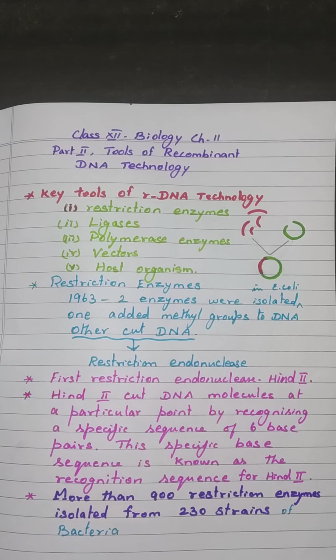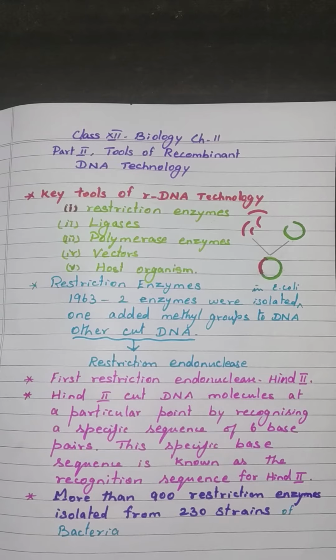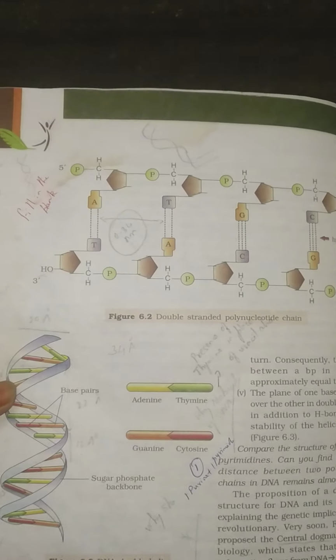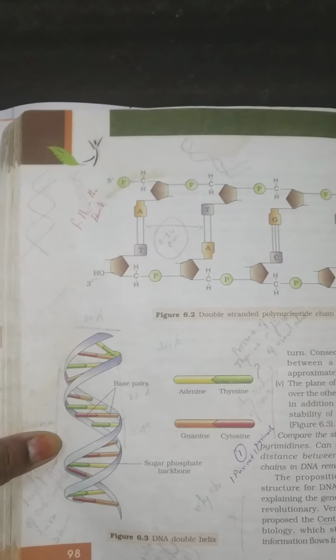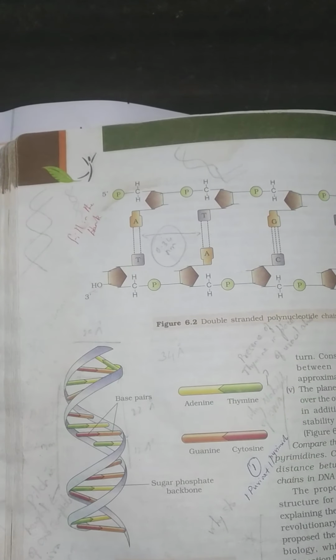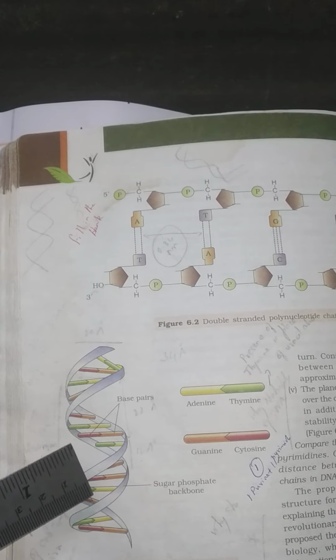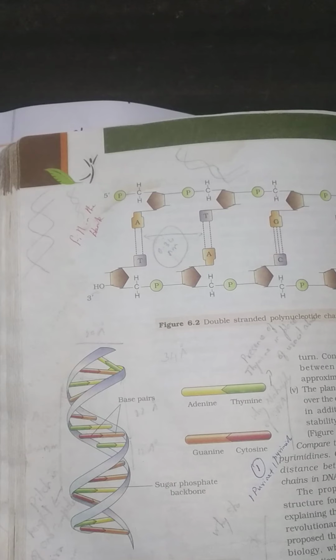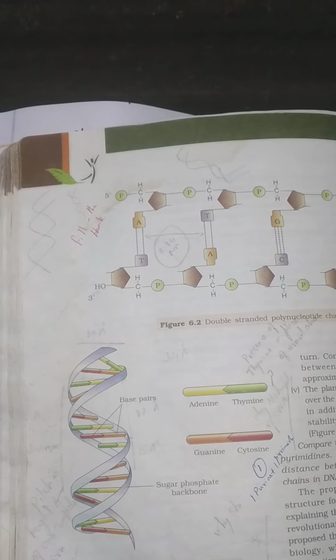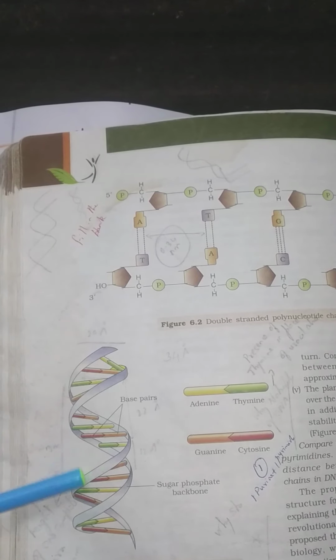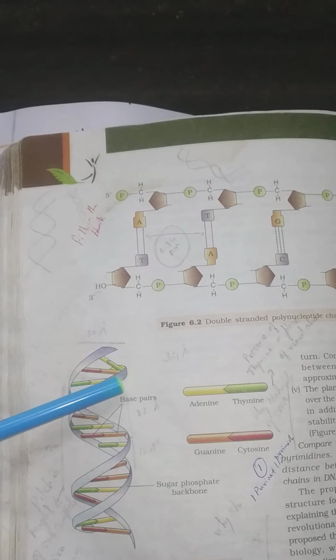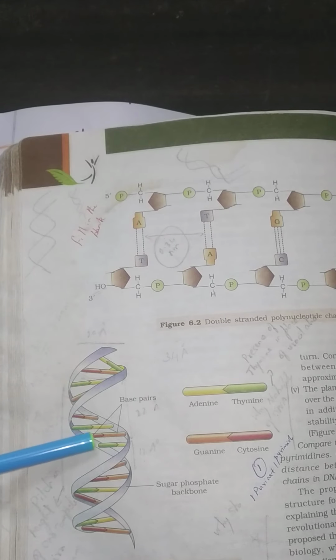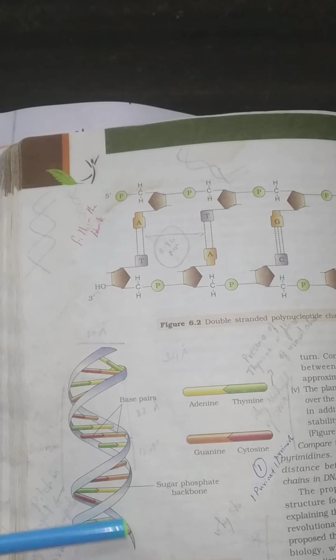You see this picture. This is the double helical structure of DNA. Two strands are there, and these two strands constitute sugar and phosphate, located throughout the strand.